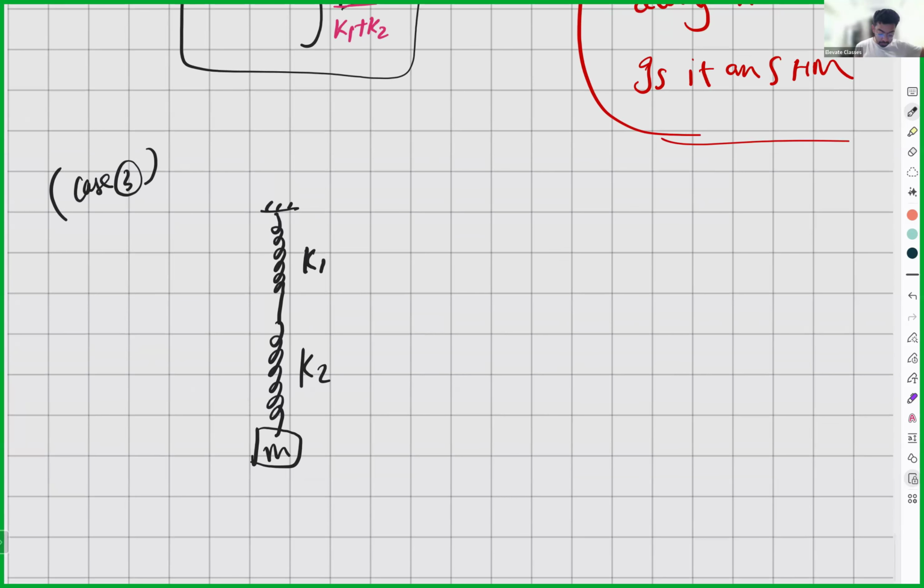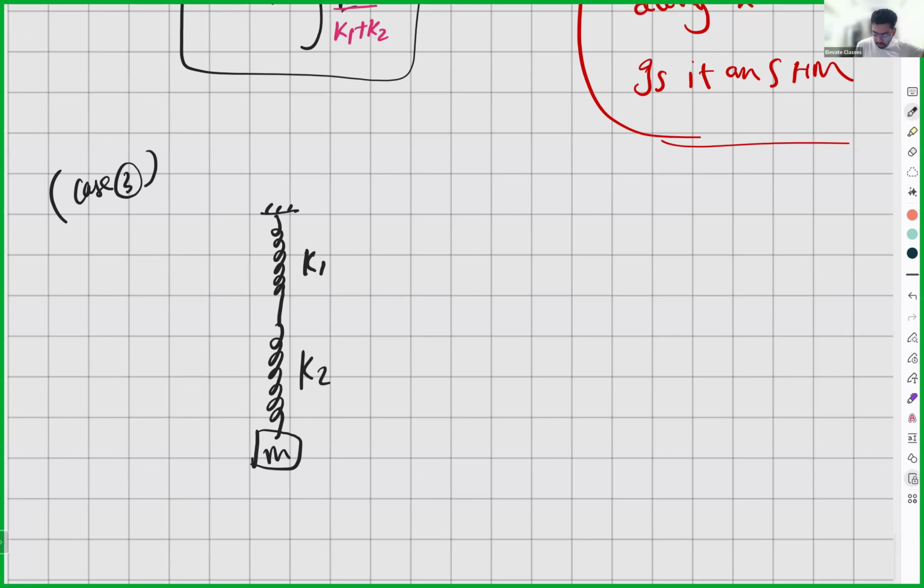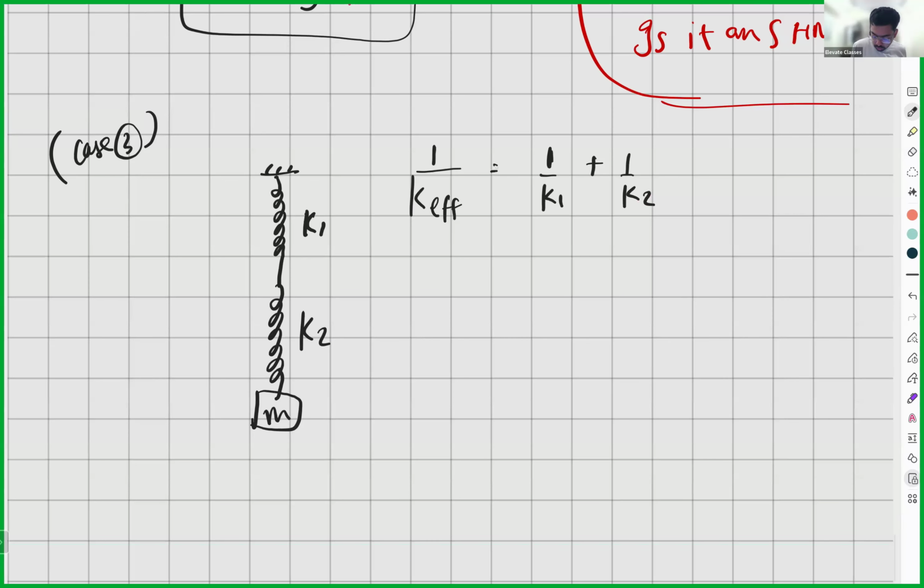Okay. Now this K effective of such system will be 1 by k1 plus 1 by k2. Correct. Because the displacement is total, that x1 plus x2 will be total displacement. Correct. Right. So you can prove it through the equation of motion also. So K effective will be K1, K2 divided by K1 plus K2.